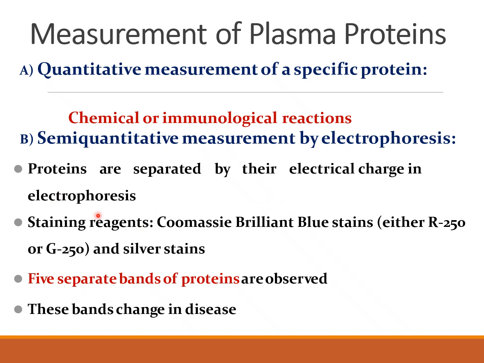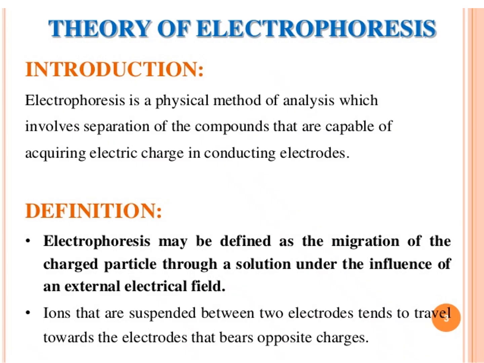Staining reagents may be asked in MCQs: Coomassie brilliant blue, either R250 or G250, and silver stains. Five separate bands are observed at last, and these bands may change in the disorders, which will be explained in later slides.